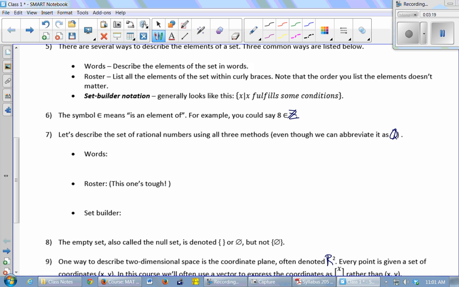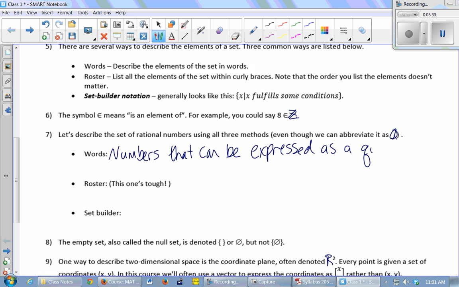Yes. Numbers that can be expressed as a ratio or a quotient of integers. Any number that you can write as a fraction, where you have an integer on top and an integer on the bottom.